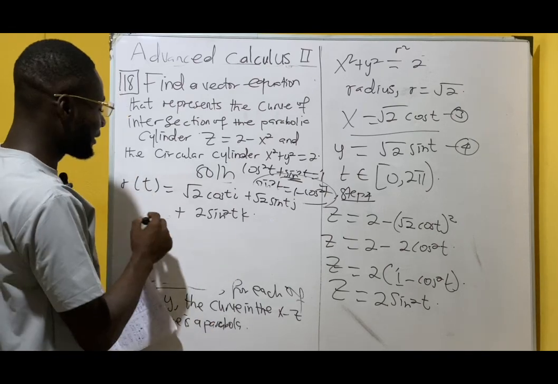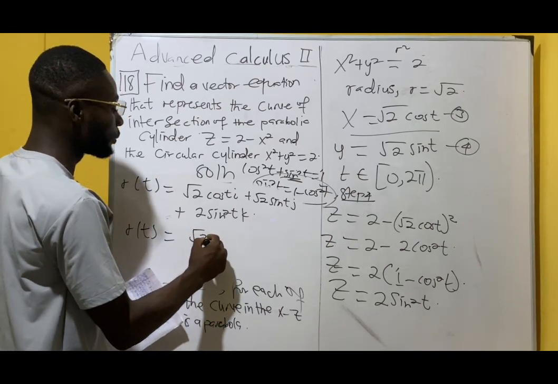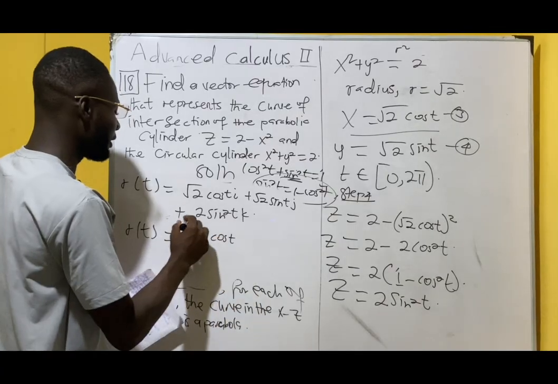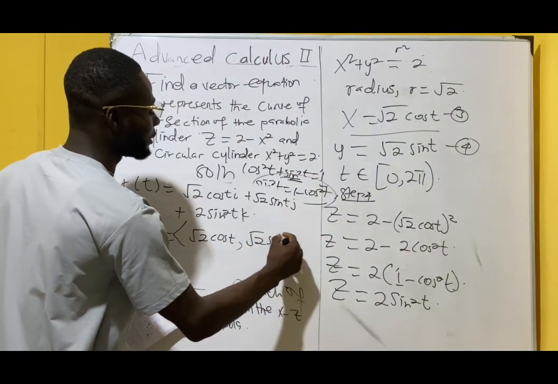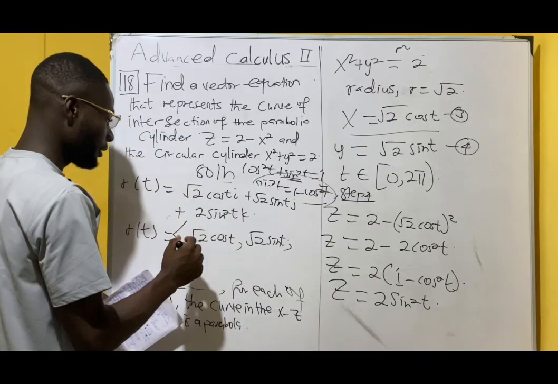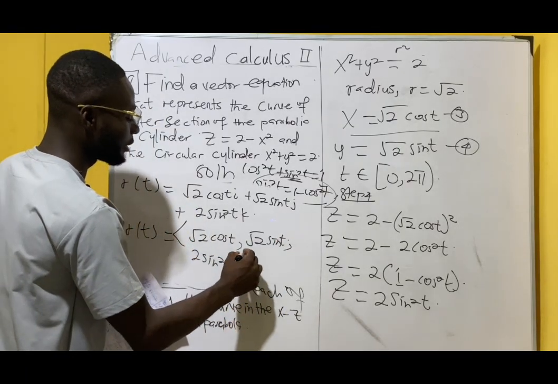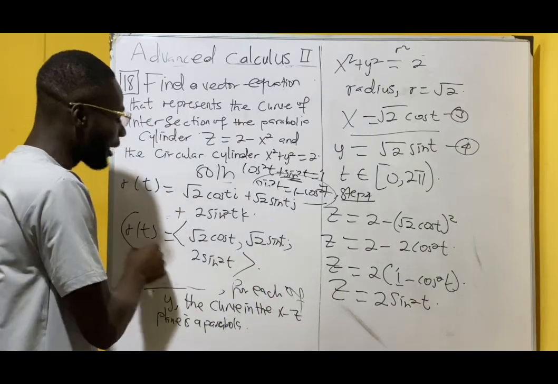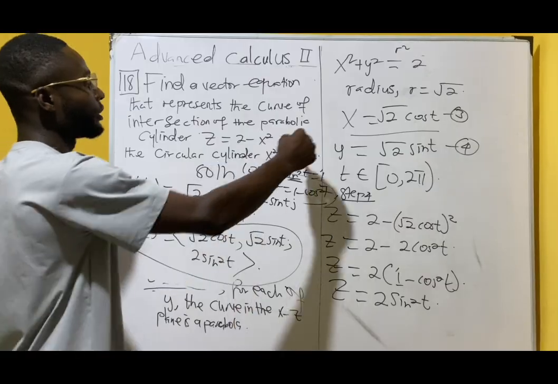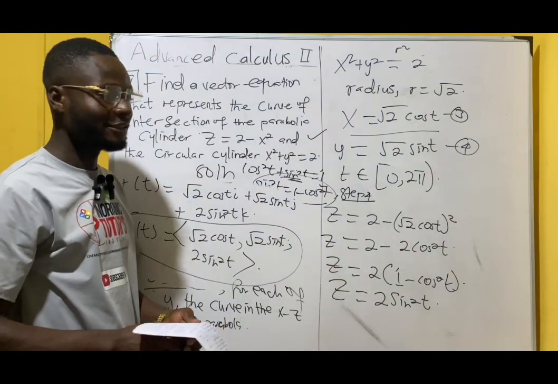This is the same as using angle brackets: square root of 2 cos t, comma, square root of 2 sine t, comma, 2 sine squared t. This becomes our final solution to this problem.